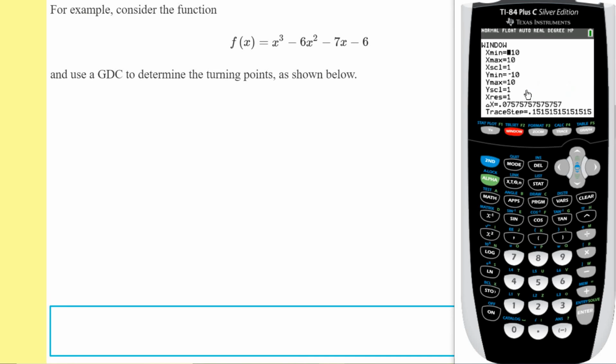So I want to increase the y's. I want to go further down. So instead of negative 10, let's do negative 25. Ooh, we really got to go out. Okay, so let's do negative 50. And it's just a bunch of guess and check.